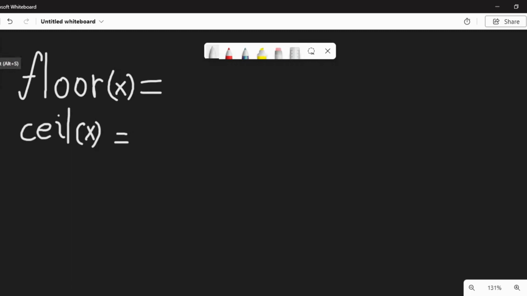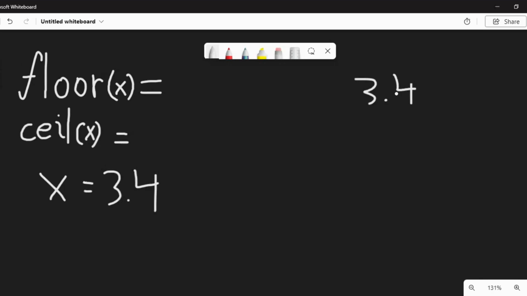So for the floor function, let's assume x is any real number. Let's say x is 3.4. Now, as we know, 3.4 lies between two integers.